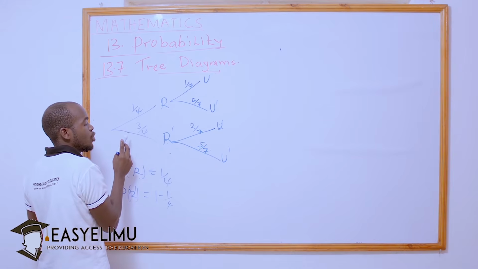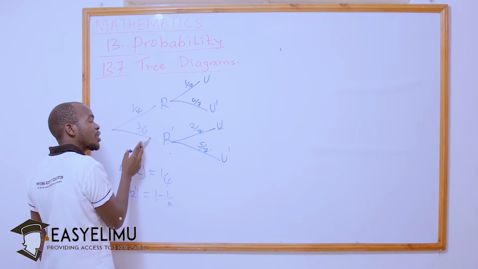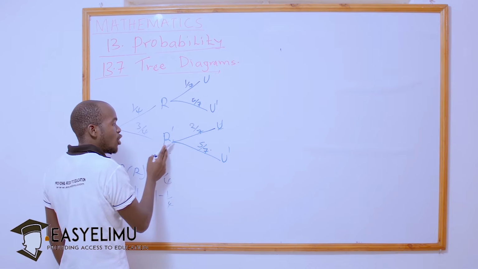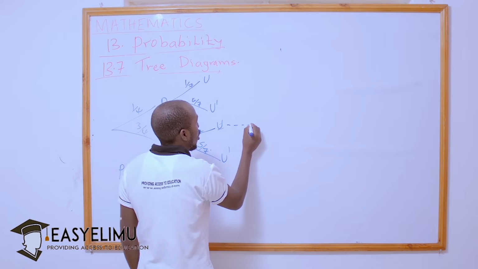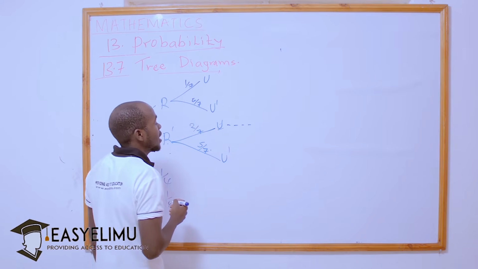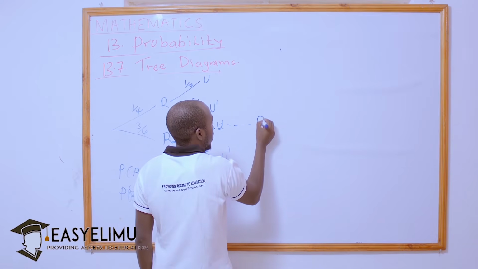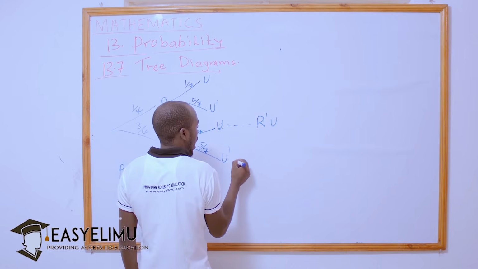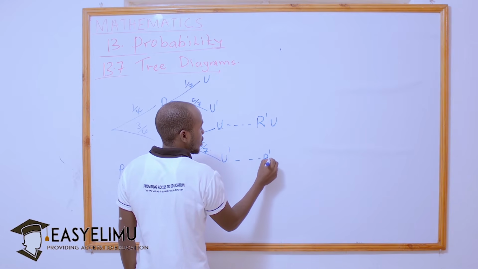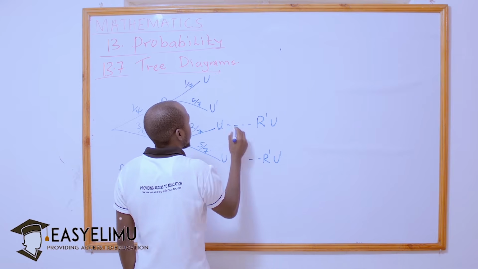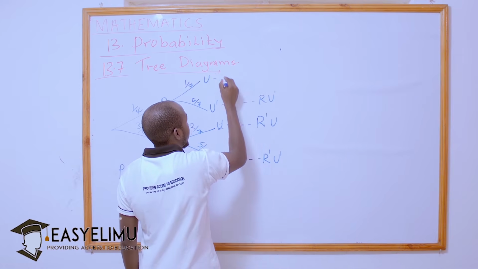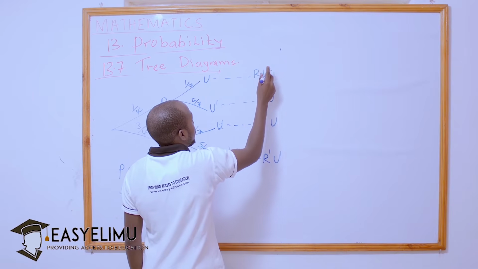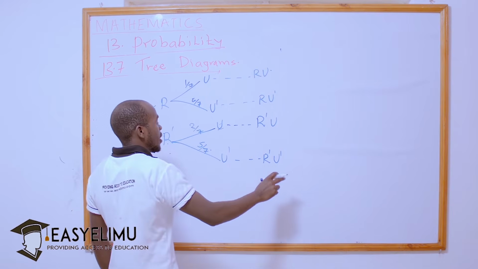And remember what I told you. If you move from one tree branch to another and it's along it, then you are going to use the formula of multiplication. That is independent event. So that is R naught U. And here we have R naught U naught. This is R U naught. And this one is R U. So meaning it's raining and I carry an umbrella that way.